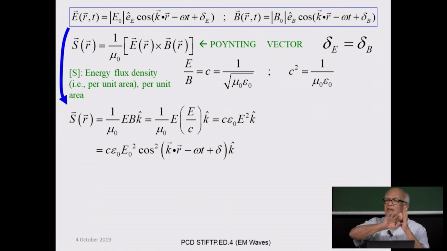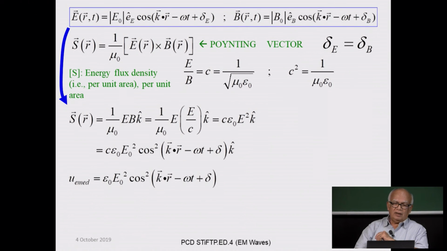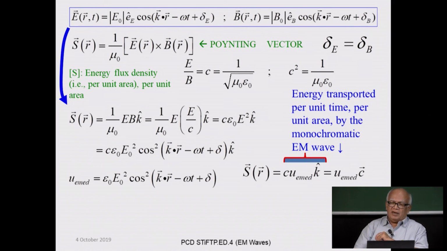So it is in the direction of propagation of the electromagnetic energy. So this is the momentum which is being propagated, not just energy but also momentum. And the energy transported per unit time per unit area is given by this energy density.